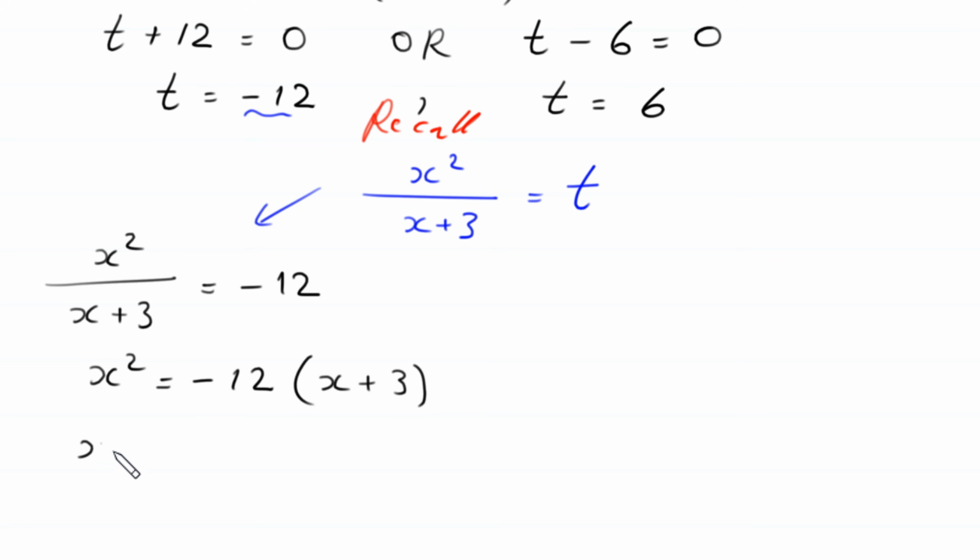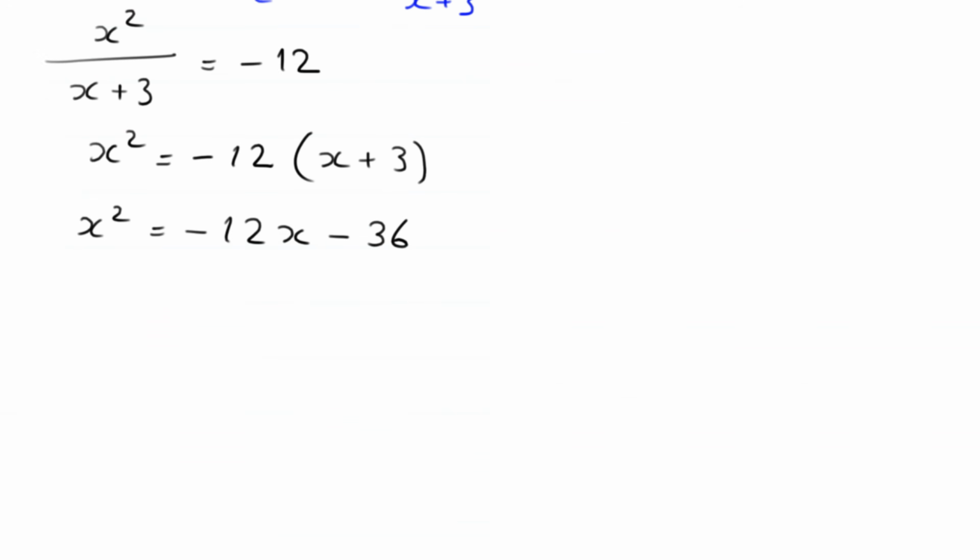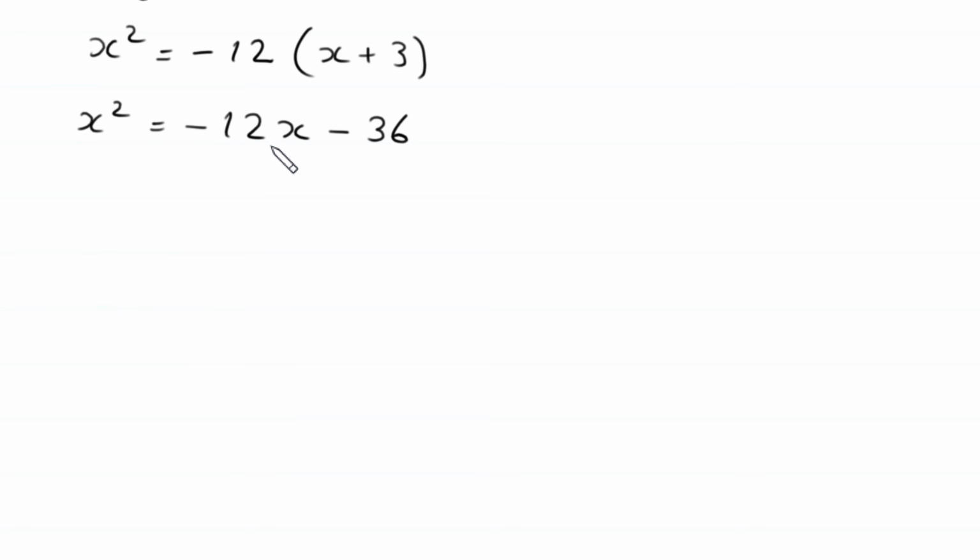Next, x squared is equal to negative 12 times x, negative 12x, negative 12 times 3, negative 36. Now we move these two terms to the left hand side. This will become x squared plus 12 times x plus 36 is equal to 0.